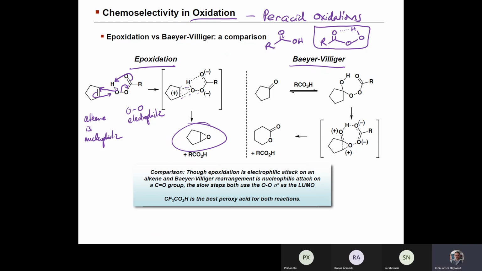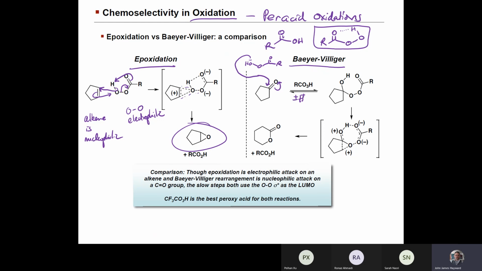Okay. The Baeyer-Villiger reaction, well, we get our per acid and the terminal oxygen attacks and protons transfer around the place.